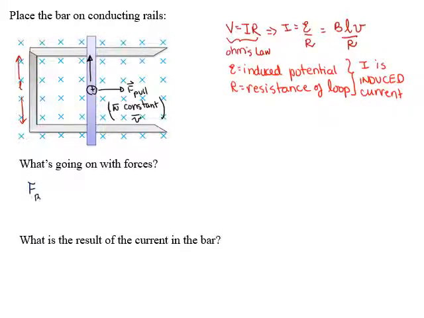So remember, magnetic force is equal to current times L crossed with the external magnetic field. So I is the induced current, and B is the existing field.